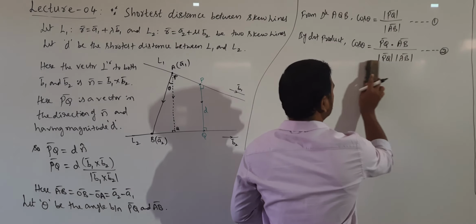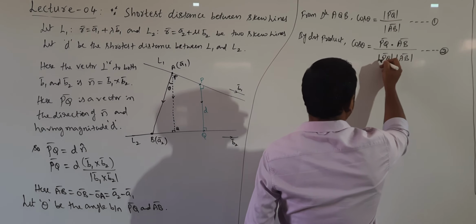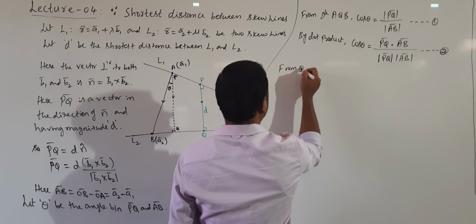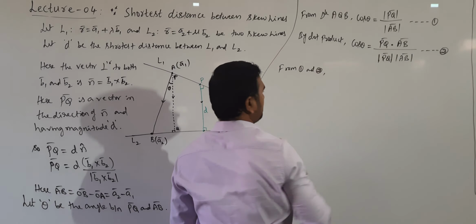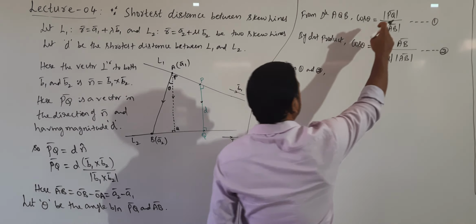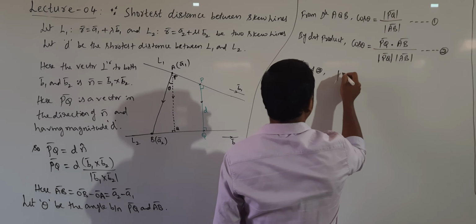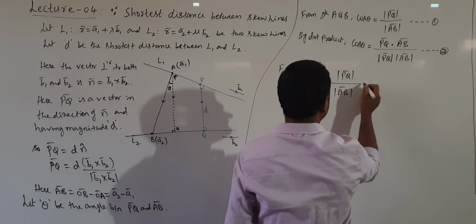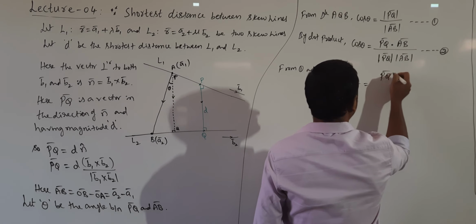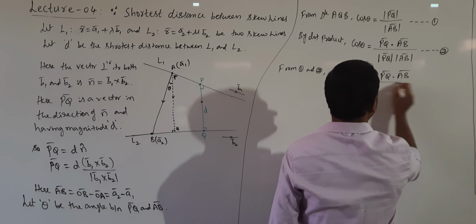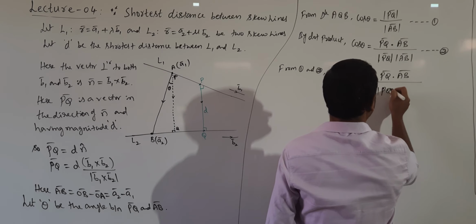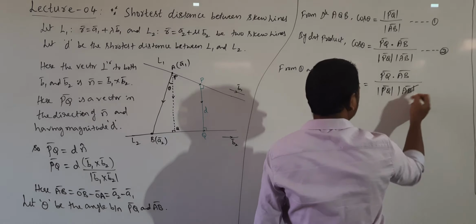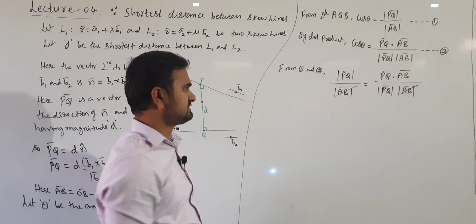So whether it is the right angle triangle or dot product, theta remains the same. So from 1 and 2, we can equate these two. Magnitude of PQ bar divided by magnitude of AB bar is equal to PQ bar dot AB bar divided by magnitude of PQ bar, magnitude of AB bar. So magnitude of AB bar will cancel on both sides.